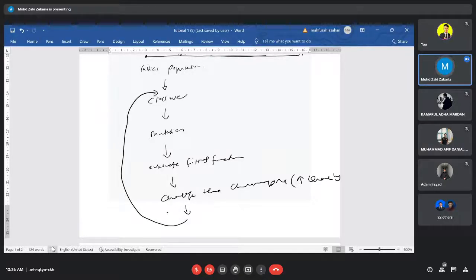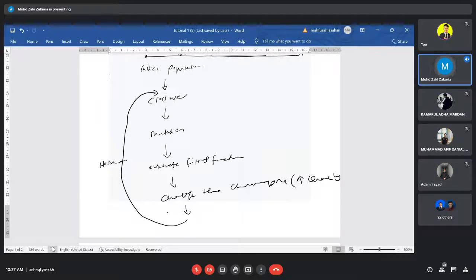We do the crossover again. This process is for the number of iterations. So if this is iteration number 1, then iteration number 2, you need to follow the same process. Iteration number 3, you need to repeat again till 1000 or till 500 iterations. Clear? Clear, sir. Thank you.